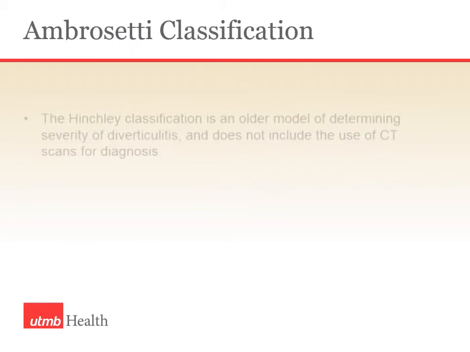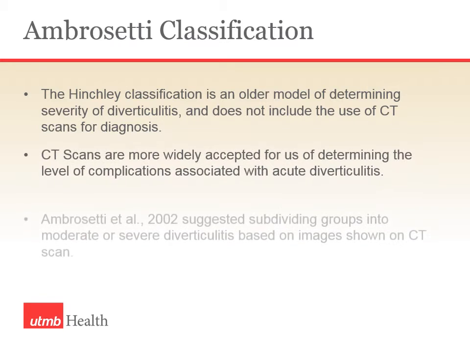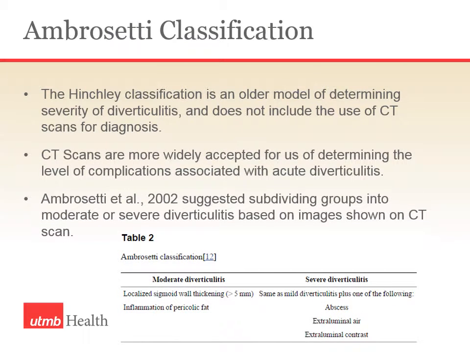While the Hinchey classification has been used more often and traditionally, it is also an older model of determining the severity of diverticulitis, and it does not take into consideration the use of CT scans for diagnosis. So new classifications have been suggested for use.